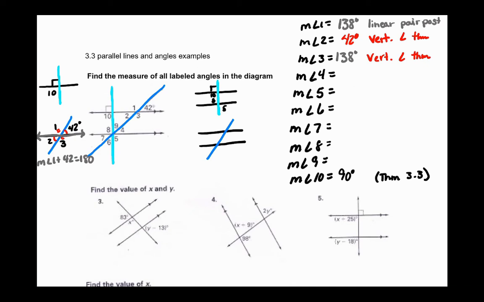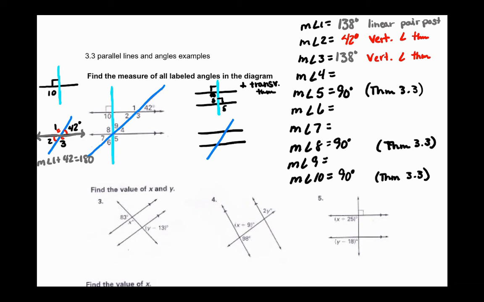So we already know angle 10, and we have our new theorem, the perpendicular transversal theorem, which means that we're also perpendicular to the other parallel, and then we can use our theorem 3.3. So since we're perpendicular, our theorem 3.3 says we create 4 right angles, so angles 8 and 5 are 90 degrees.